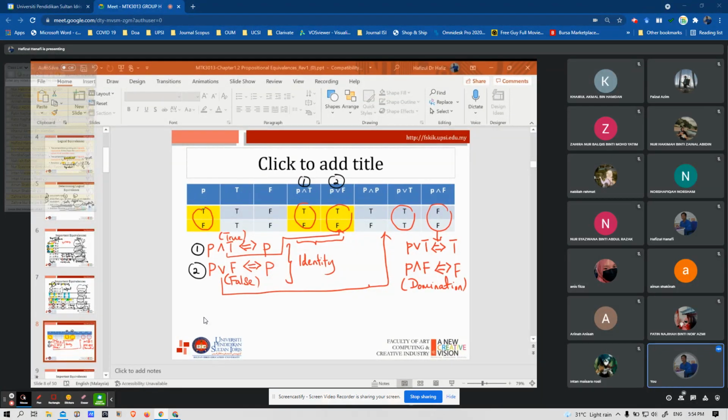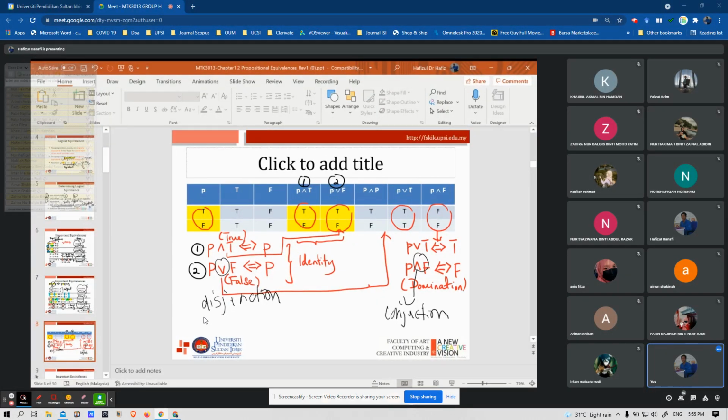This one is for identity. And then for the domination, we compare the two equations, and the result is always 0 regardless of the value. The 0 for the disjunction is true, and the 0 for the conjunction is false. This one is disjunction, this one is conjunction.